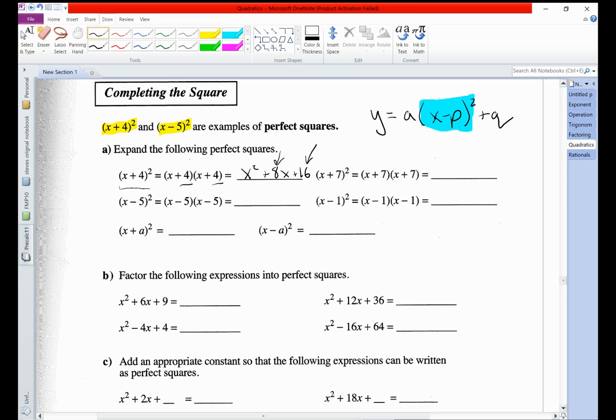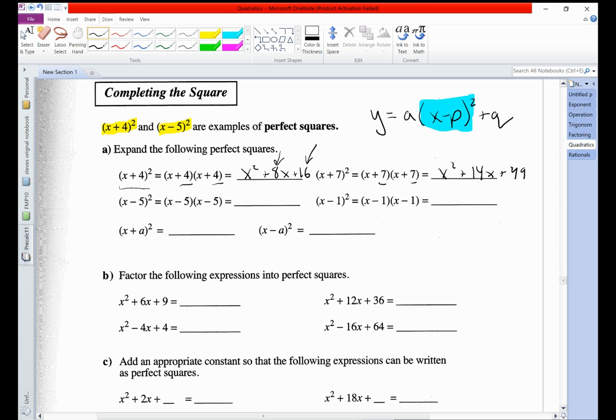We can do the same thing with (x plus 7) squared, so it's (x plus 7) times (x plus 7). The first term will be x squared, the second term will be those two constants added, 7 plus 7 is 14x, and then the last one is 49, 7 times 7.